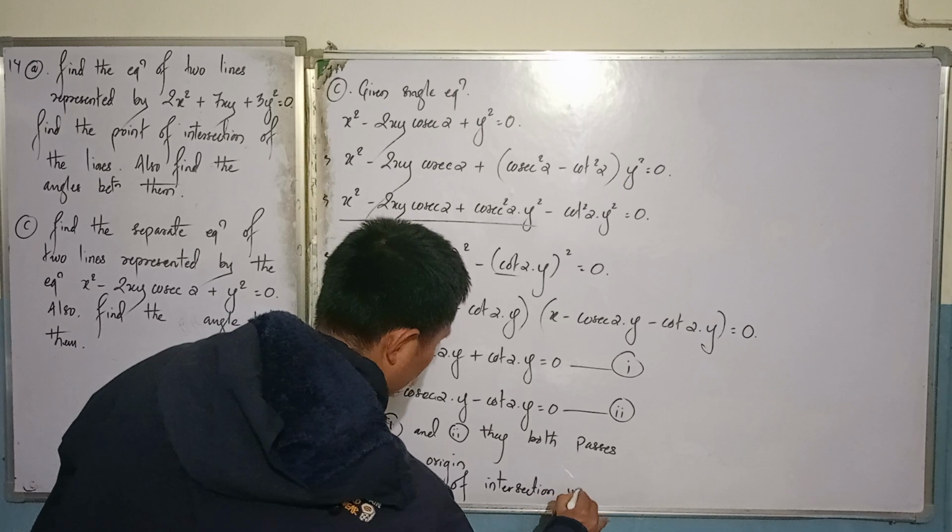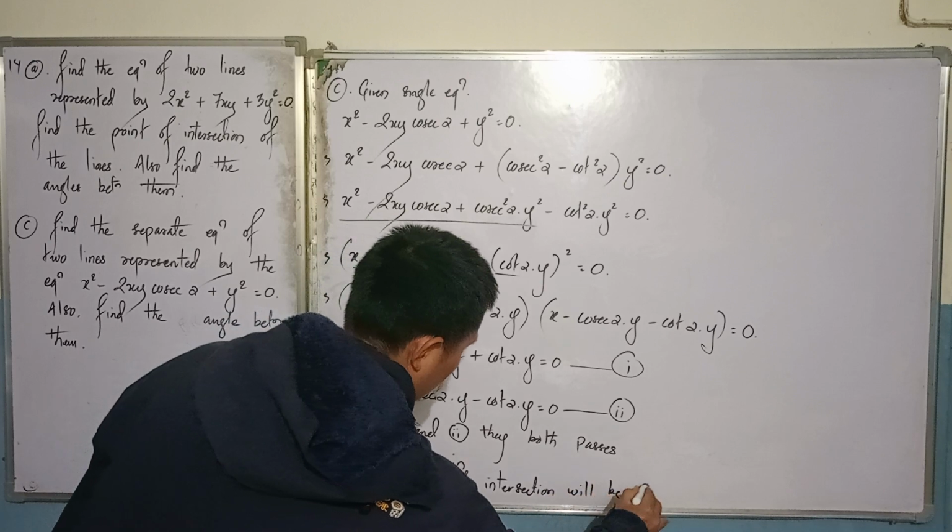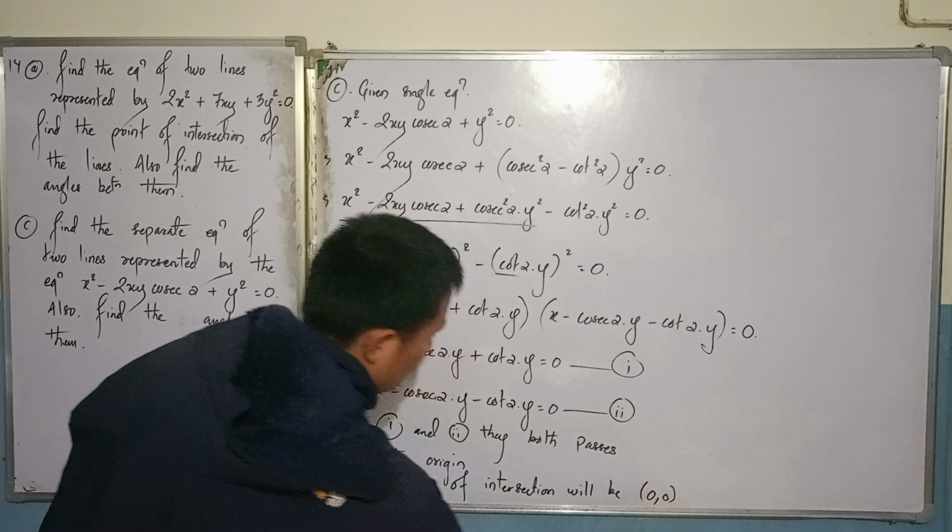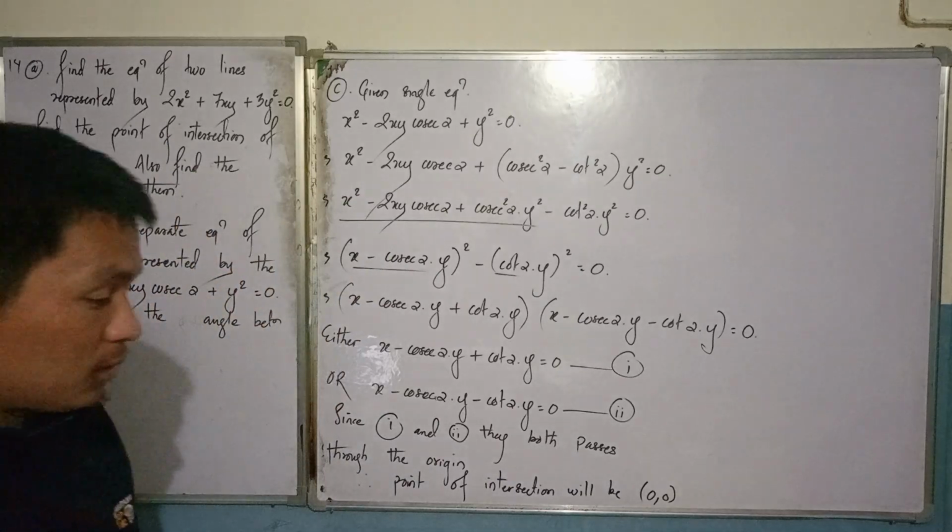Intersection will be origin (0, 0). Okay, now you have to find the angles.